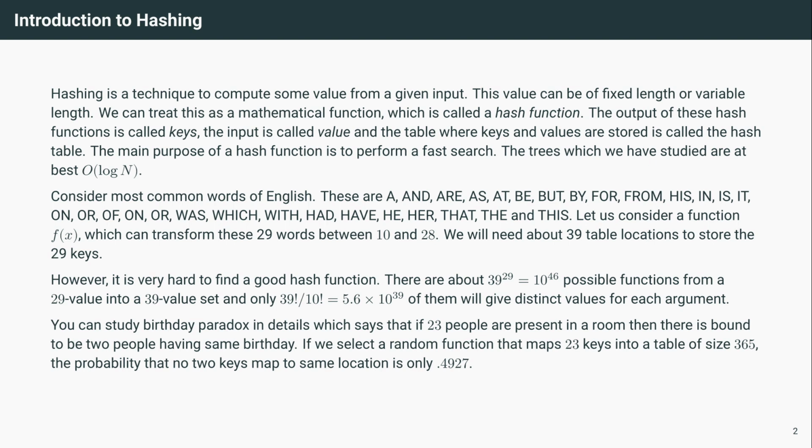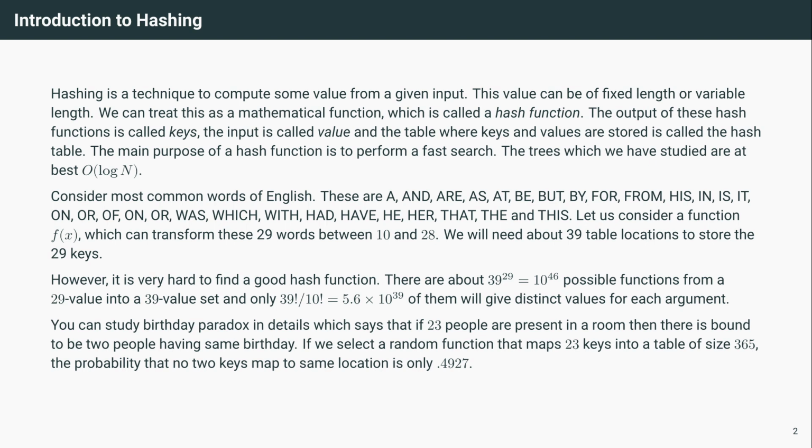So when you need to search for some value, you put that through the black box, get the key, locate the key in the table, and get the value. So essentially it is a search technique.